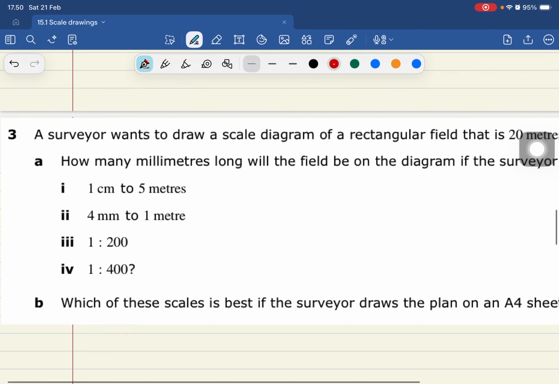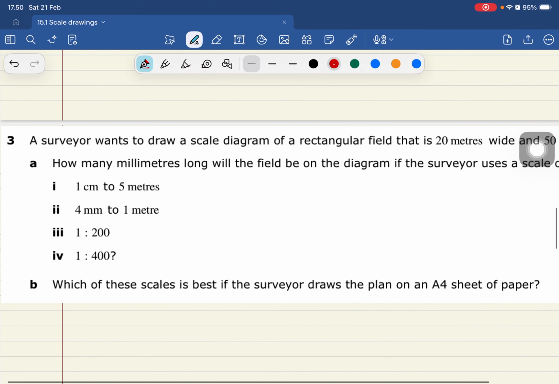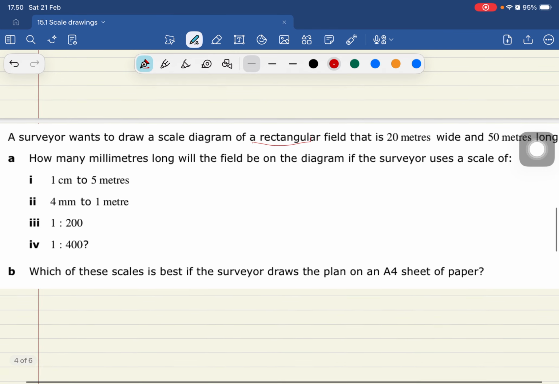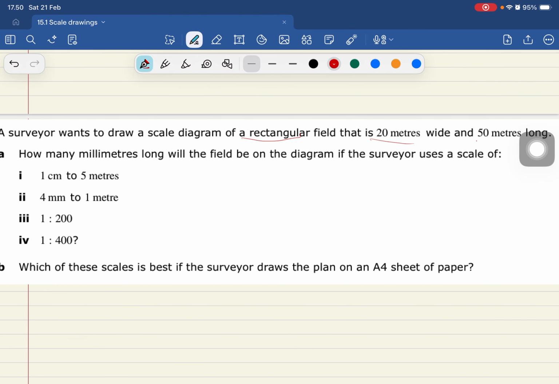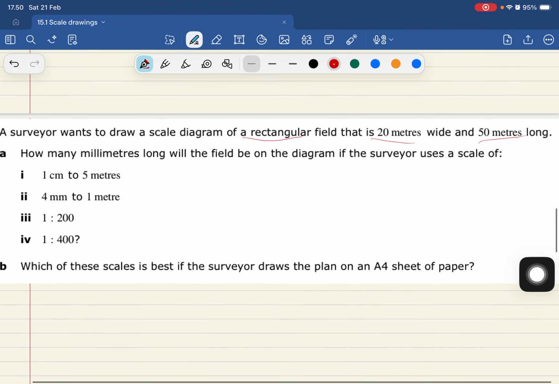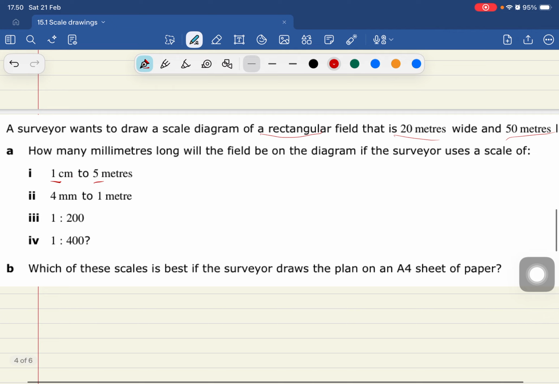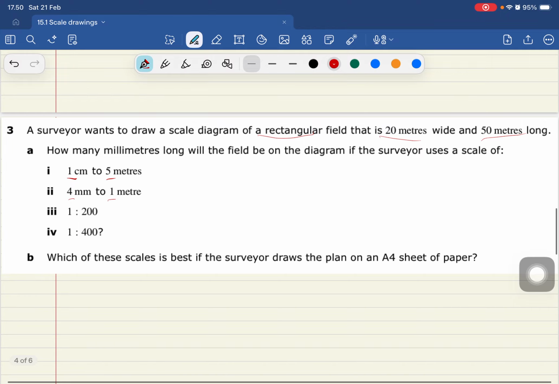Okay, a surveyor wants to draw a scale diagram of a rectangular field that is 20 meters wide and 50 meters long. How many millimeters will the field be on the diagram if they use a scale of 1 centimeter to 5 meters, and 4 millimeter to 1 meter?